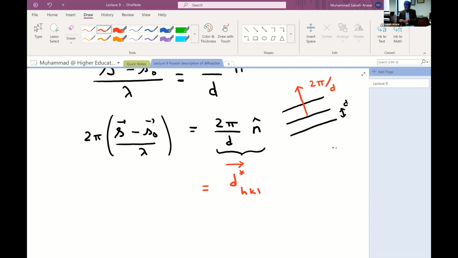So on the left hand side, if we were to define a vector, is the factor 2 pi over lambda familiar? It is the inverse of the wavelength.